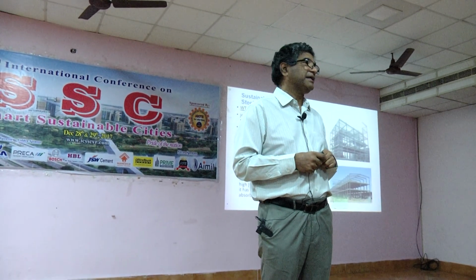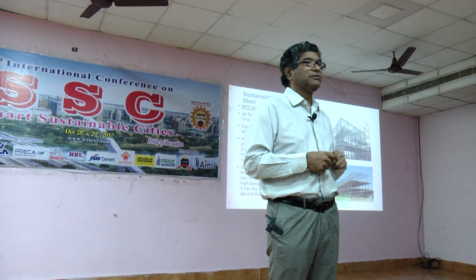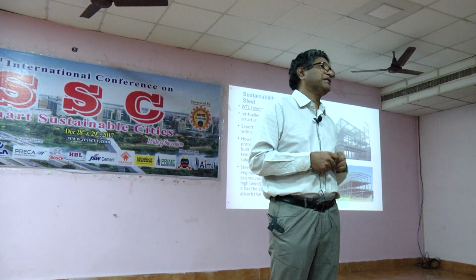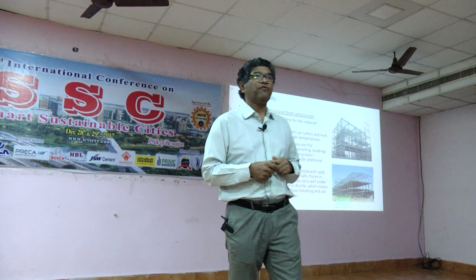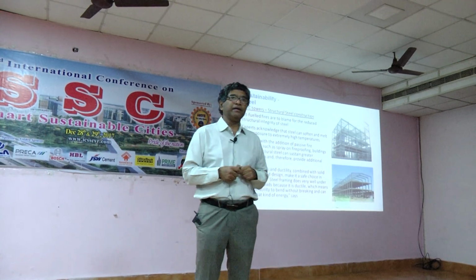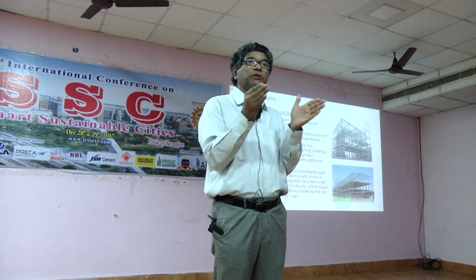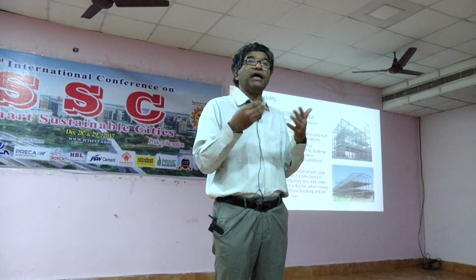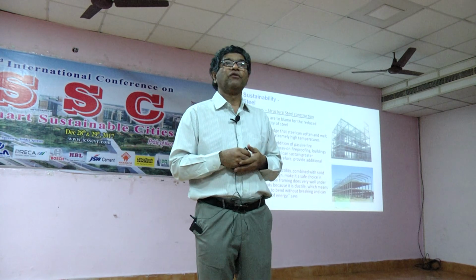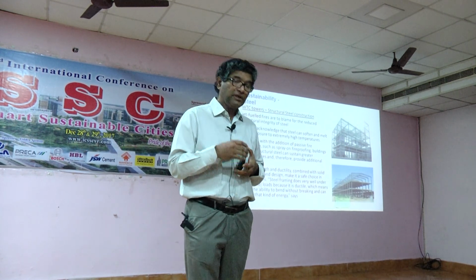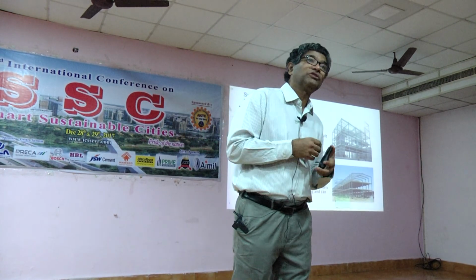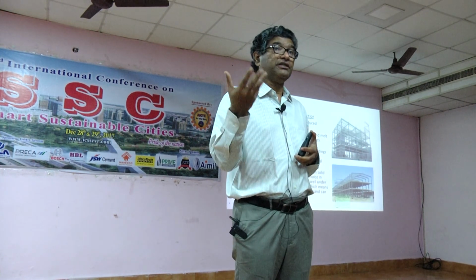Afterwards, it will start melting. So the code calls for you to give a fire protection material, right? It is in the form of intumescent paint, right? Or nowadays we have some cement-based products also. Or you have some plaster boards which can be put around, which can give 2 hours or 4 hours fire resistance. But then sometimes these intumescent paints and fire boards are costlier than the base material itself.